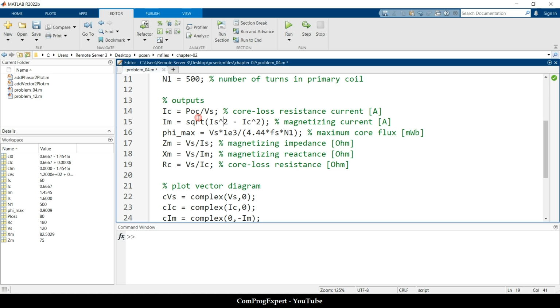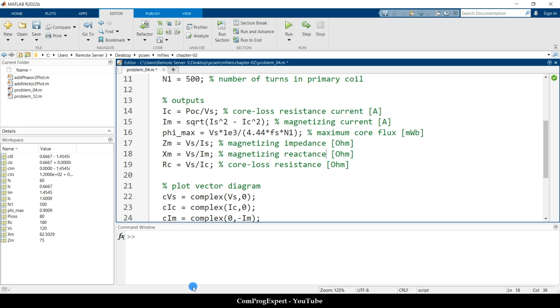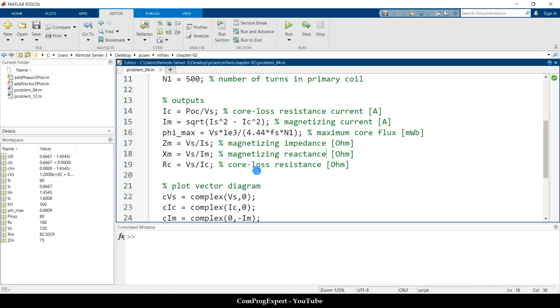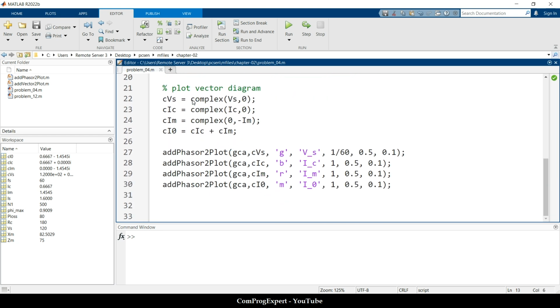For the open circuit test, these are the equations that we discussed here. These numbers are amplitudes, and using this complex function, you can define complex numbers.